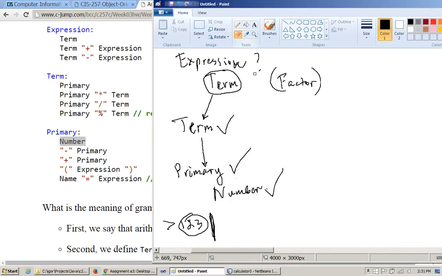Another example of input over here may be that I'm dealing with an expression such as 1, 2, 3 plus 4, 5, 6. Let me just be more careful. 1, 2, 3 plus 4, 5, 6. Okay, so this type of expression.